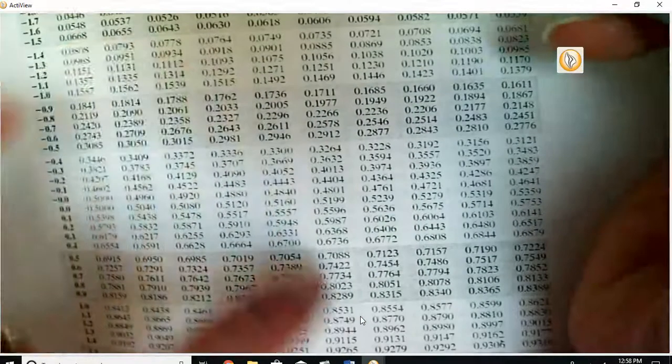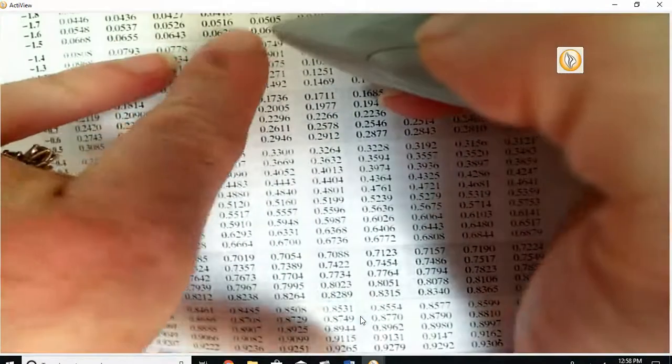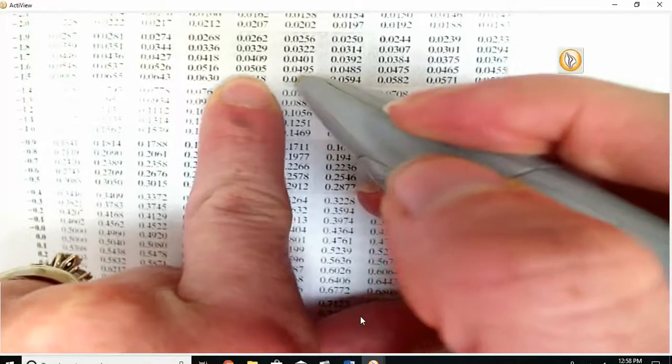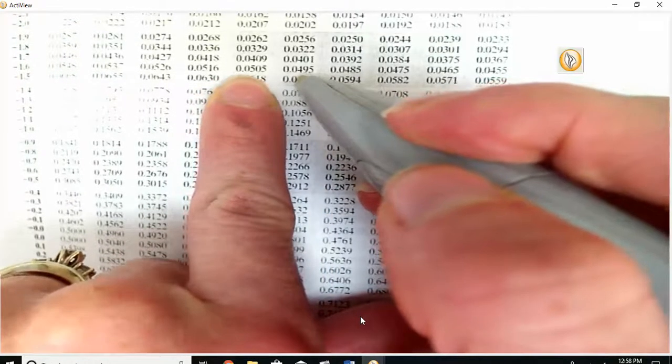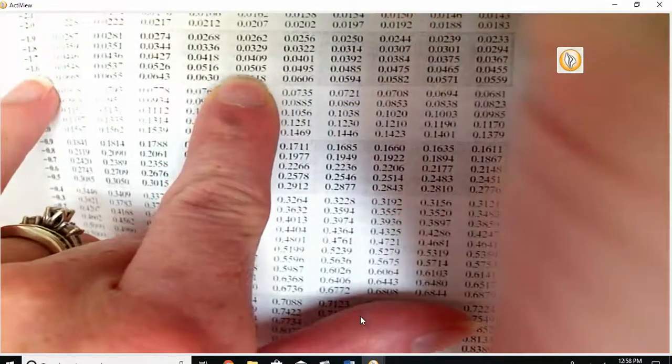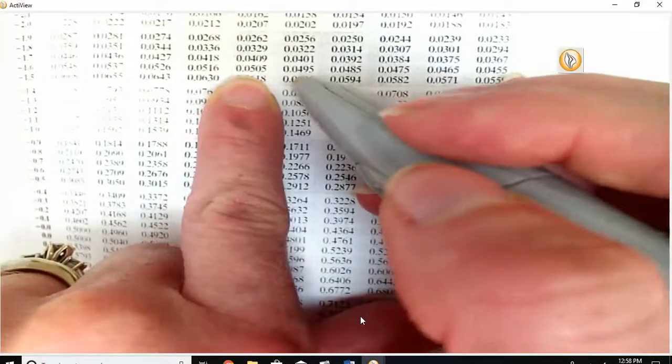So if I'm looking for 0.05, I've got 0.0505 and 0.0495. They're the same distance away, aren't they? So this happens at negative 1.64 and negative 1.65. Can we just go with the middle then?